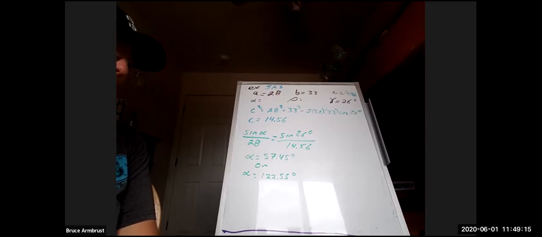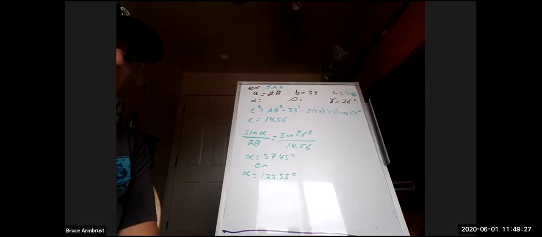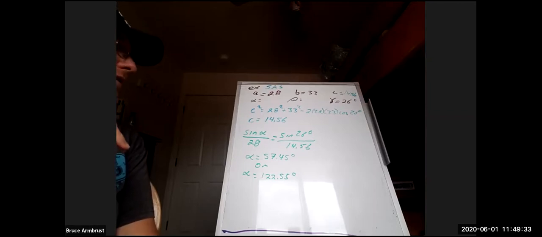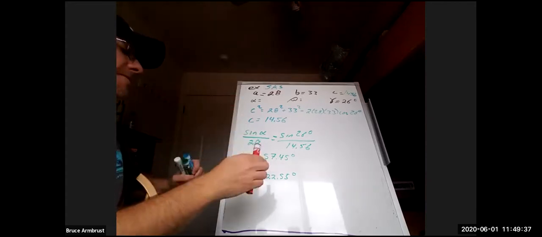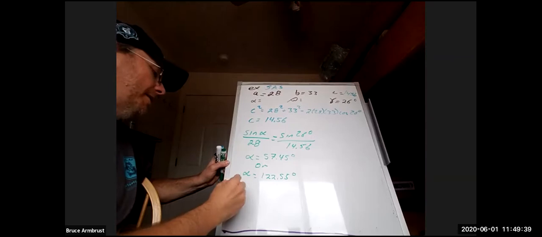What you'll notice is that the smallest angle is always opposite the shortest side, and similarly, the largest angle is always opposite the longest side. This is just fact, and I'm going to go ahead and write it up here.